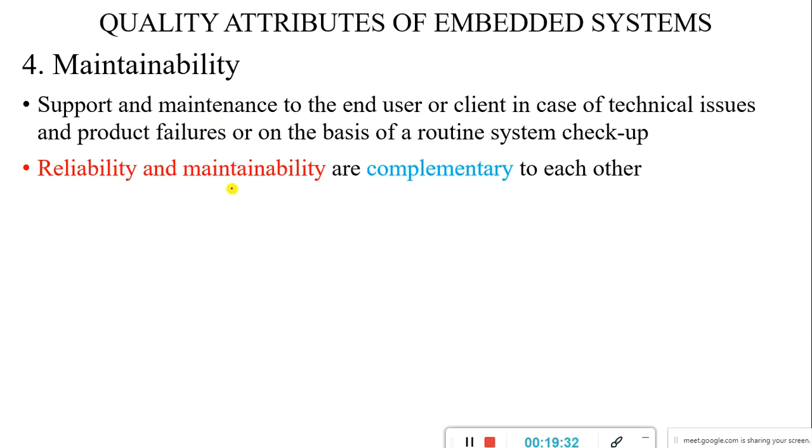So maintainability is the fourth important point in the quality attributes, right? Maintainability and reliability complement each other.